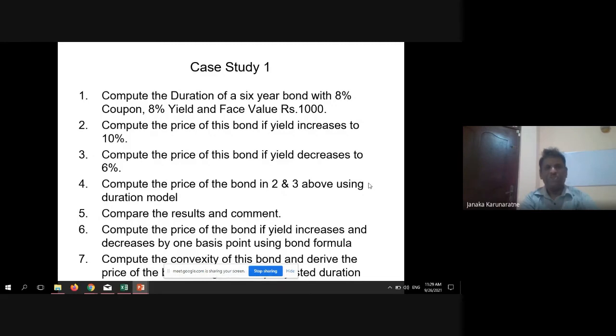Earlier you used the normal bond formula, now you use the duration formula, because in question number 1 you worked out the duration of this particular bond. Now you know the duration, so use that formula to work out the new prices. Can you all do it?